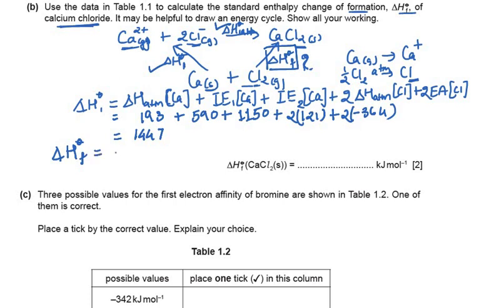The lattice energy given in the table was -2237, and the delta H value is 1447, which ends up in the value of -790. So our answer is -790 kilojoules per mole. This is the value of the formation of calcium chloride, which we have calculated with the help of our energy cycle and the values given in the table.